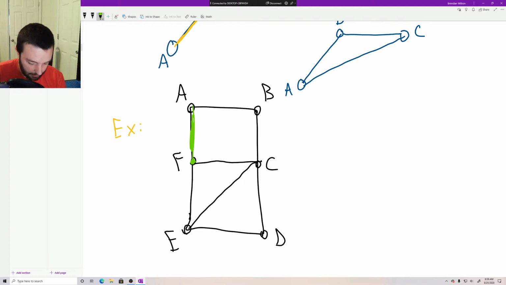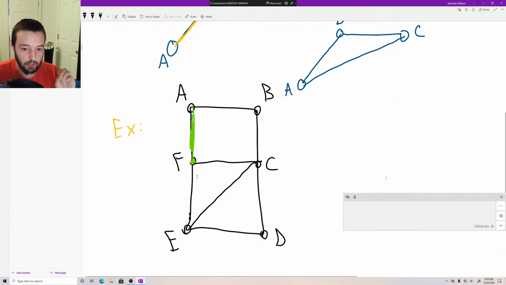Well, F is kind of unique here. F and E are the only two that have an odd number of edges coming out of them, which is something we need to look out for because if it has an even number of edges, like B or A, for example, that means you can go in, go out, right?